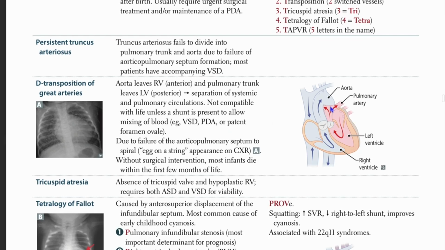Rather than having the pulmonary artery in the right ventricle, you have the aorta in the right ventricle. And rather than having the aorta in the left ventricle, you have the pulmonary artery in the left ventricle.